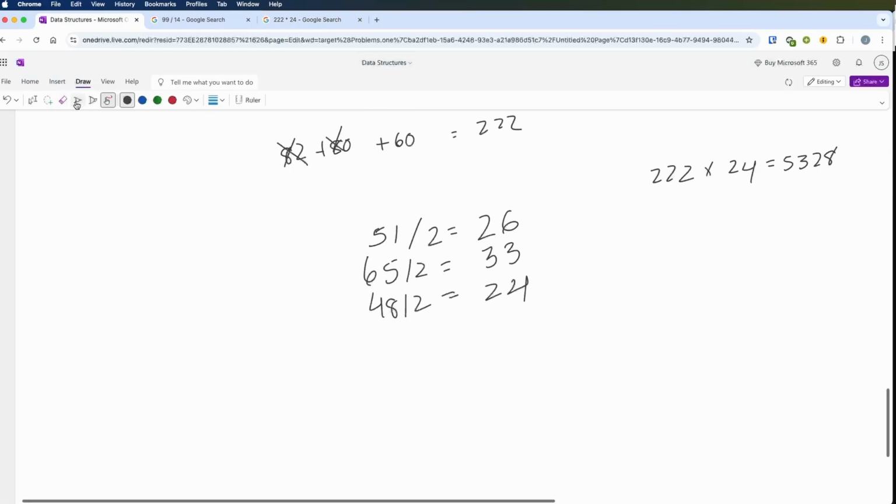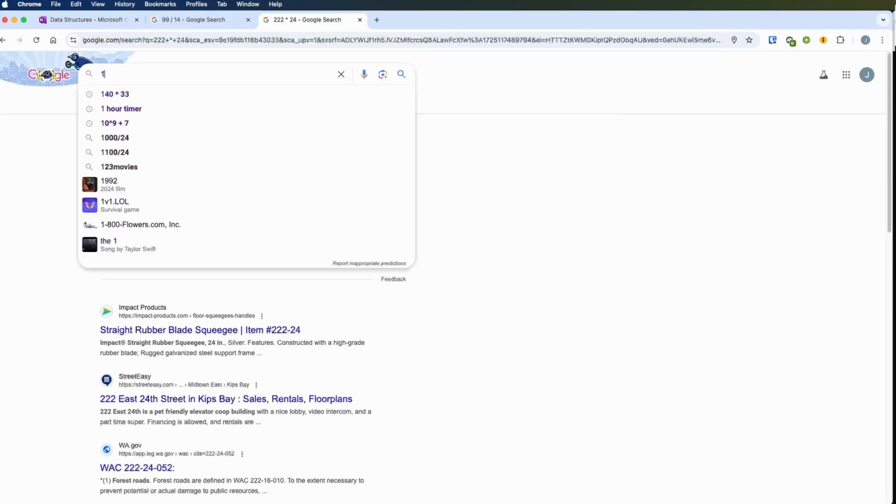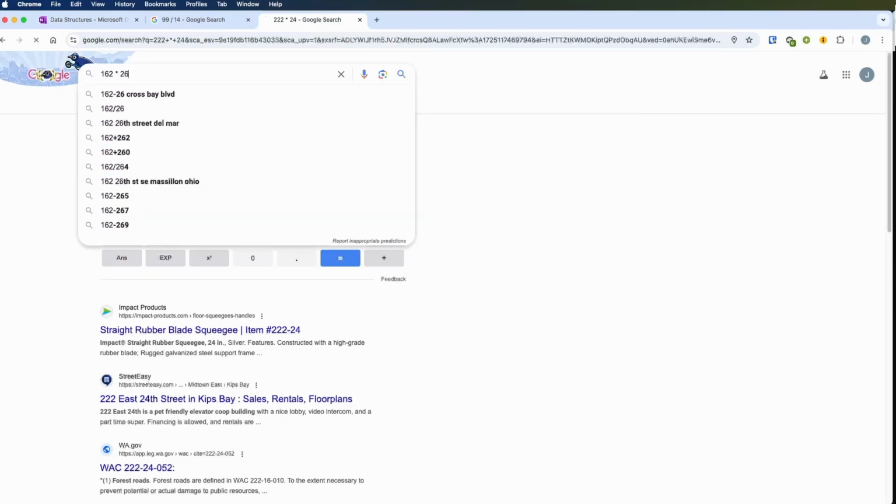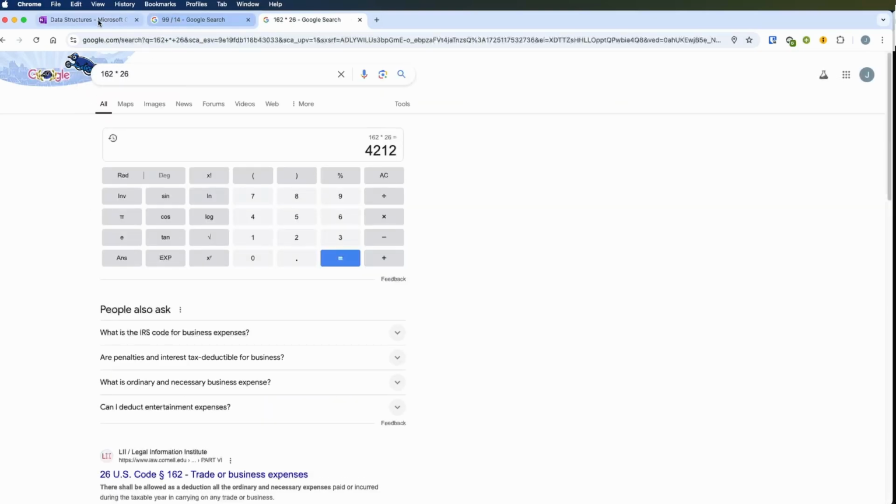Then here we get rid of 60, so we have just 162. Then we'll have 162, let's say, times 26. Times 26 equals 4212.